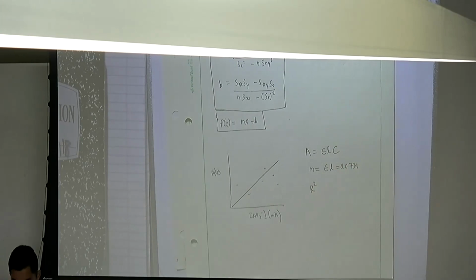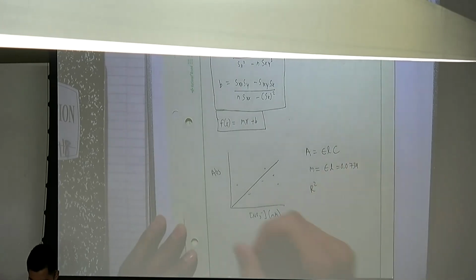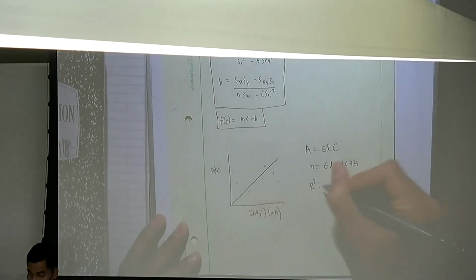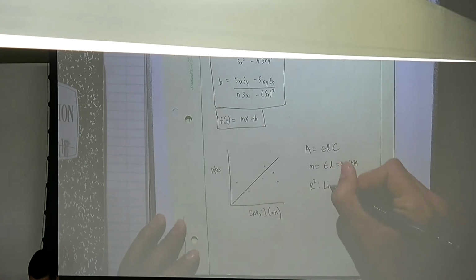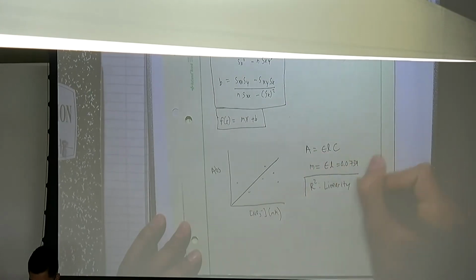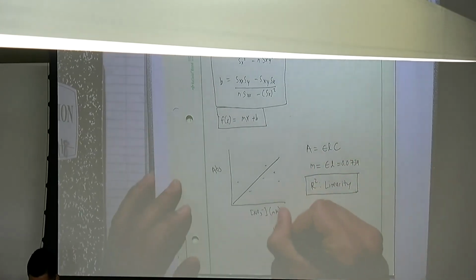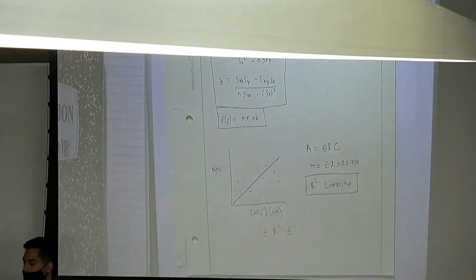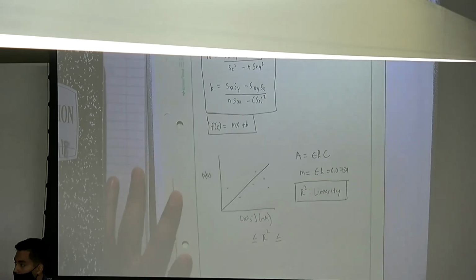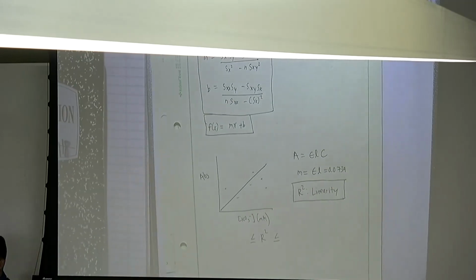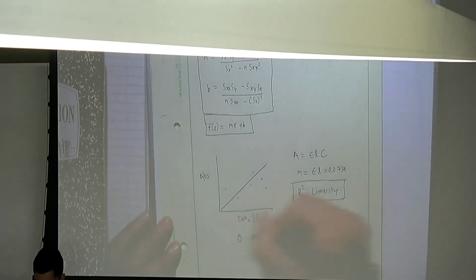So suppose the R squared tells you about linearity. Write this down. So the R squared ranges from what to what? Yeah, 0 to 1, good. It's going to range from 0 to 1.